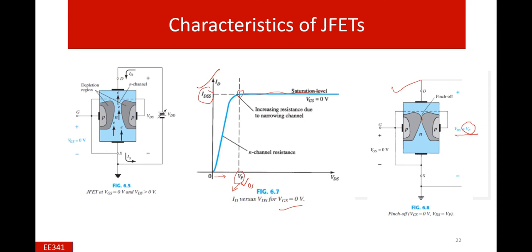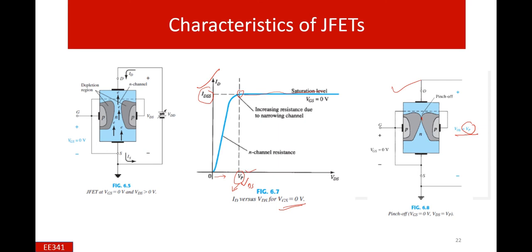This is the n channel resistance, and it is increasing due to the depletion region by applying the potential between the source and drain, taking VGS as zero, and we approach some value of VP, which is the maximum value of the VDS.